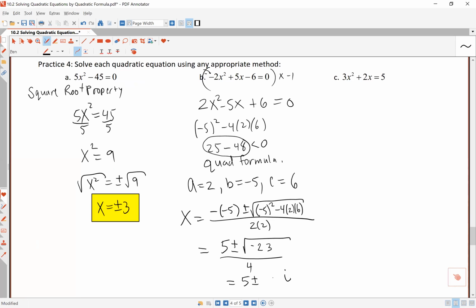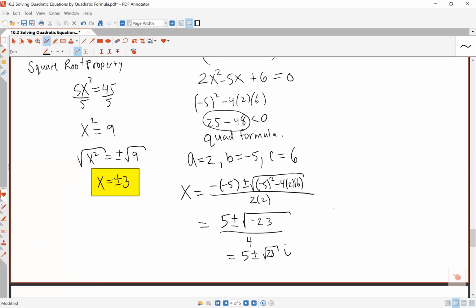The i is going to come out of there, leaving us with the square root of 23, all divided by 4. 23 doesn't have any perfect square factors, so we leave it just like that.